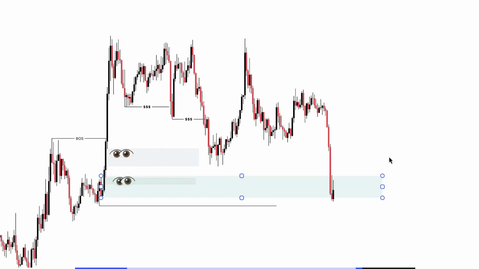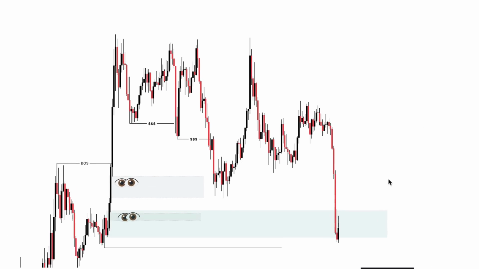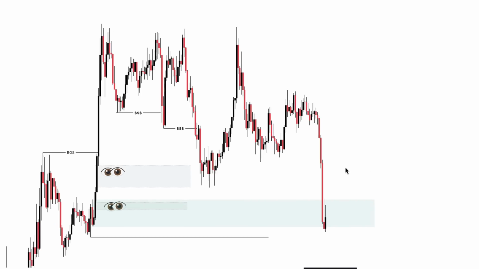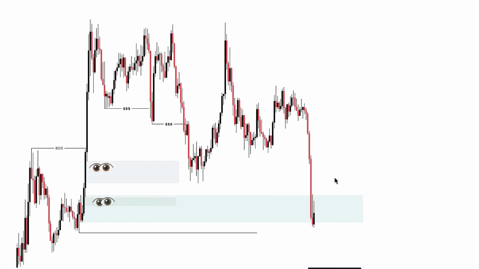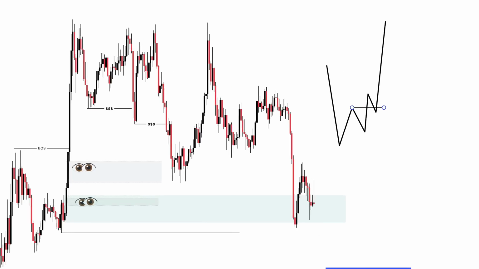Now, the moment price traded into your eye level 2, here comes the miracle. You will have to be patient and wait for price to slow down. You remember, if you have followed me, you know how I take my confirmatory entry. I will wait for a shifting structure and price gives me the best entry. And that is what I do most of the time. You now see it?